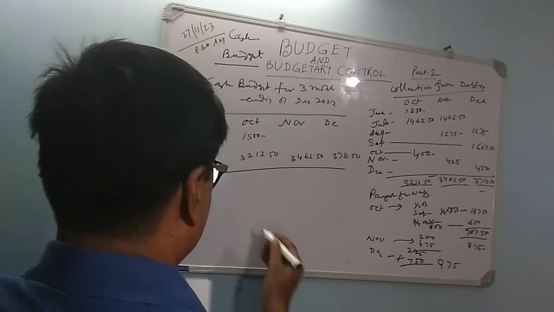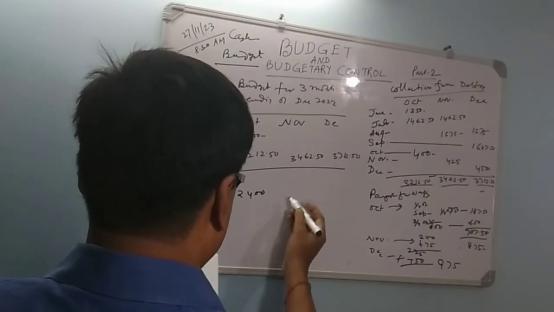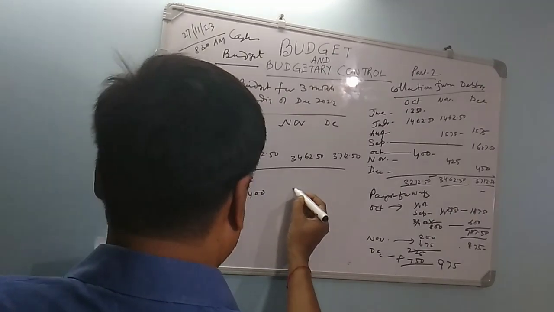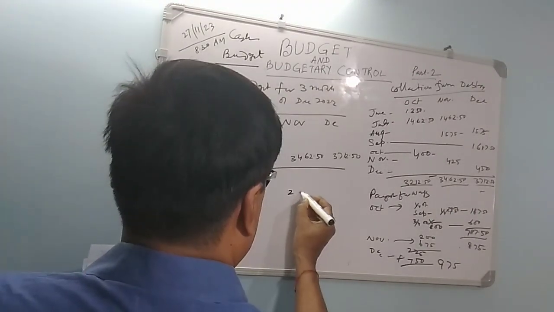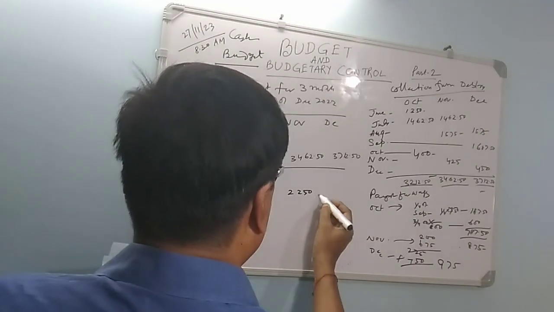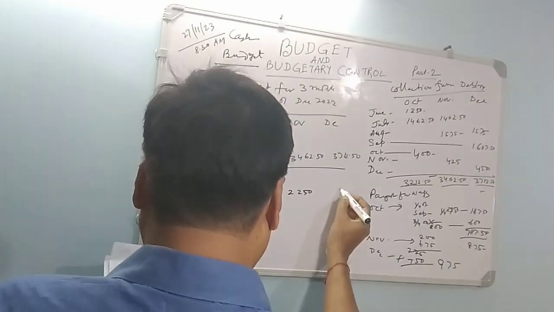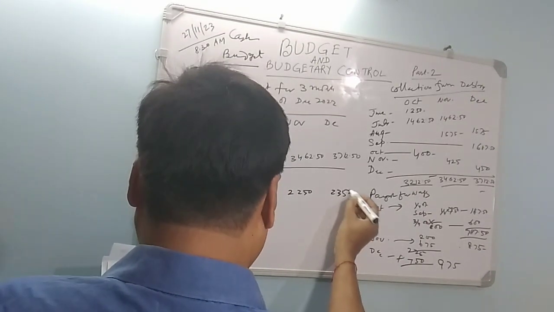Your August due was 2400, so August will be paid in October. Similarly, September will be paid in November, 2250, and October will be paid in December, that will be your 2350.